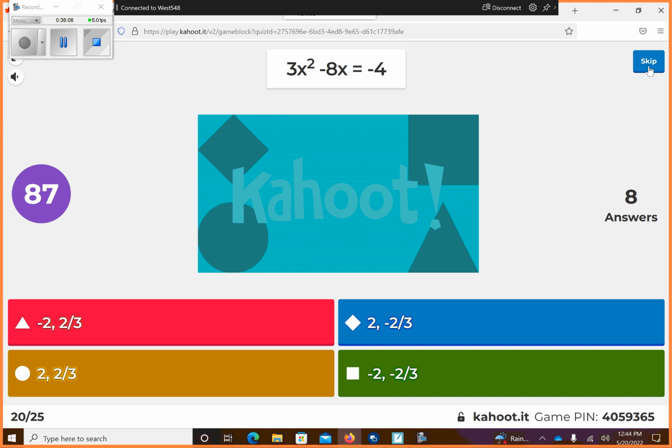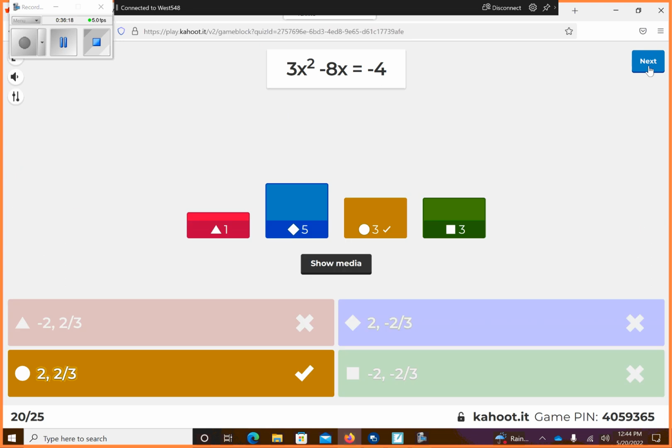Yeah, both negative because you add the 4. They'll both be negative. That should be only one answer, right? Oh, you do flip it, so it'll be positive.